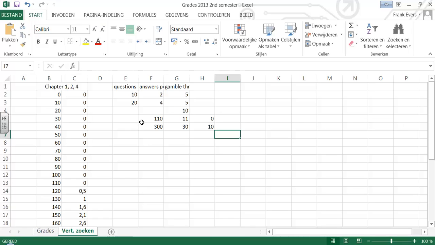So the gamble threshold is to cope with all the times that you could end up with all truths, or with all false in the case of 2 answer possibilities, or to cope with you answering every question with option A, every question with option B, every question with option C, or every question with option D. To cope for that, we got the gamble threshold, so that's 5 plus 5 is 10, and then the calculation starts at 11, 11 being 0 and 30 being 10.